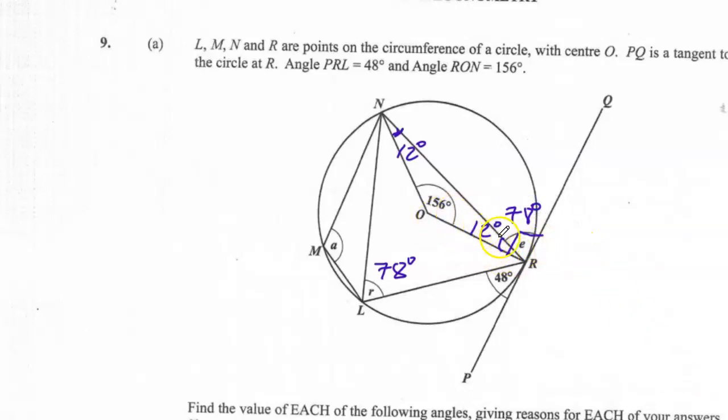This 12 is from the isosceles triangle, and then angle E is 90 minus the 12, since the angle between the radius OR and RQ, the tangent, is a right angle, 90 degrees. So angle E is 78.